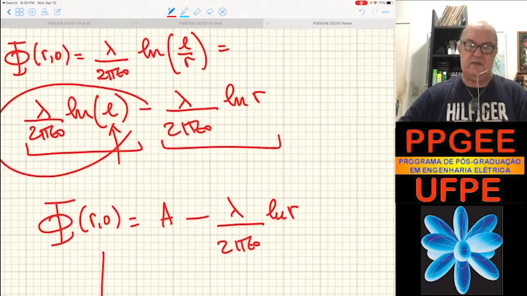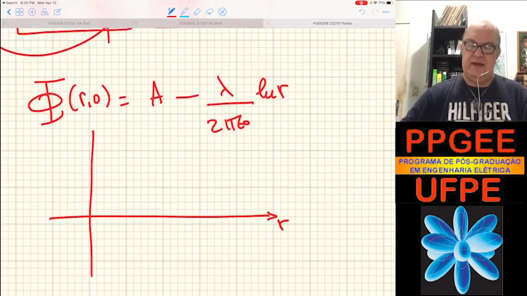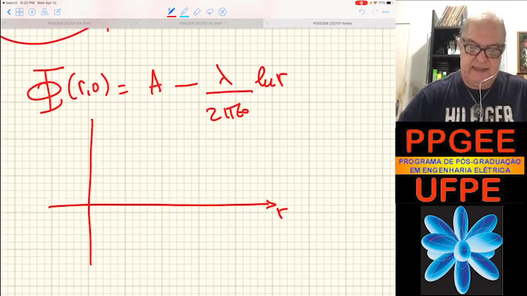R is more than L, so the potential is positive. It's minus log over L, so it's minus log.